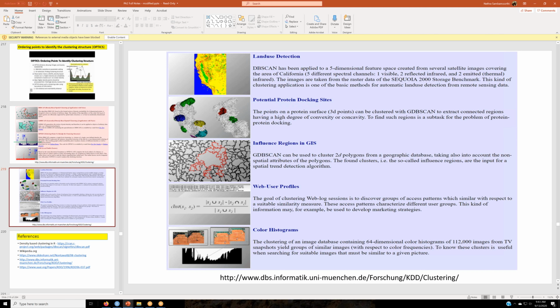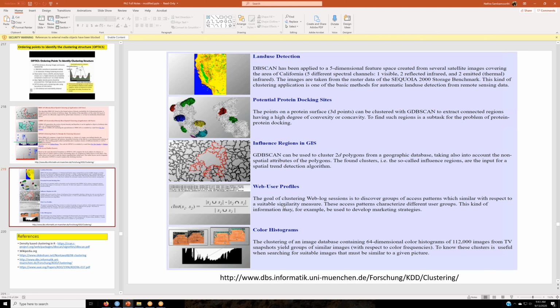You remember DBSCAN can be developed and used with polygons also, not necessarily just circles. So if you use polygons in DBSCAN, then it becomes more applicable to maps and GIS.